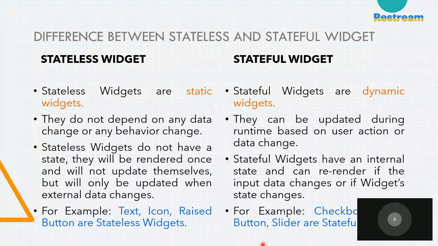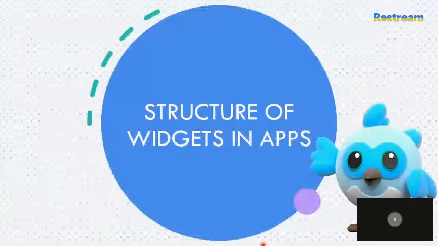They will be rendered once and will not update themselves, but will only be updated when external data changes. Whereas a stateful widget is very powerful. Stateful widgets have an internal state and can re-render if the input data changes or if the widget state changes. Examples of stateless widgets are the text, icon, and raised button. Examples of stateful widgets are checkbox, radio button, and slider.